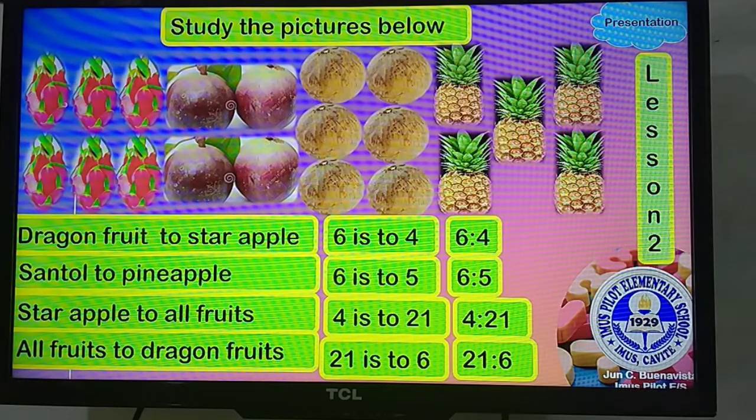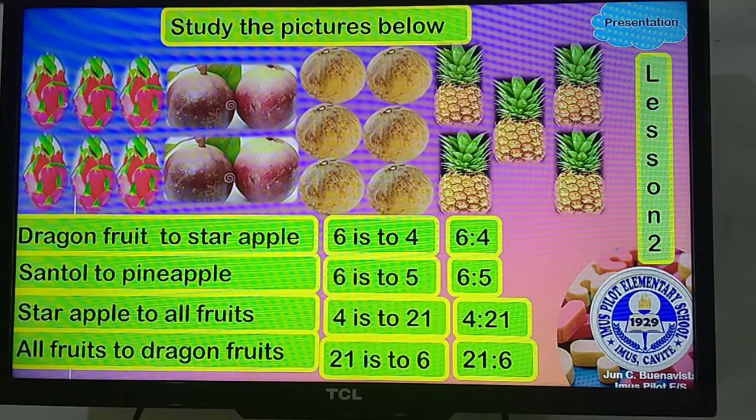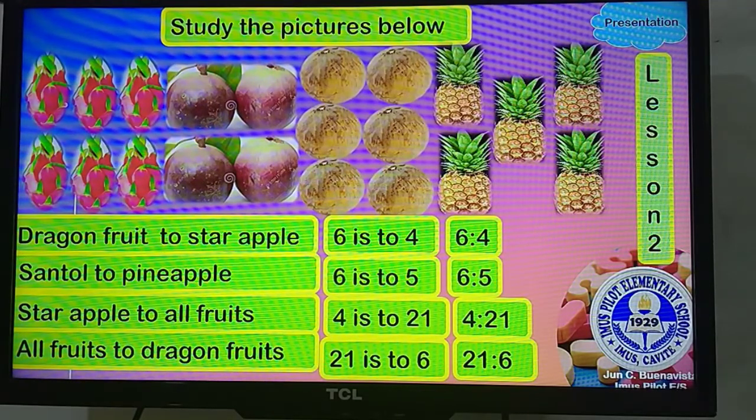So, the lowest term, let's say for example, we have 6 is to 4, we can divide both by 2. Am I right? Okay, very good. So, 6 divided by 2 equals 3. And then, 4 divided by 2 equals 2. So, therefore, if we are going to compare dragon fruit to a star apple, you can also say 3 is to 2 since the lowest term is 3 is to 2.